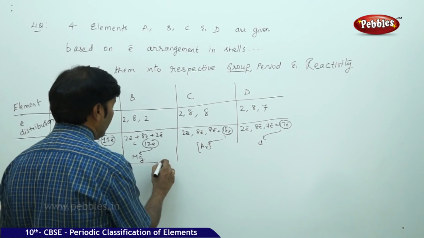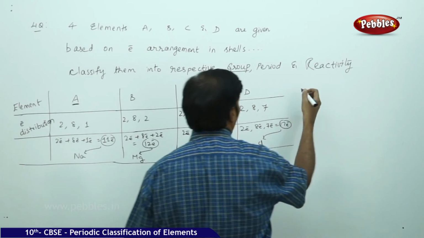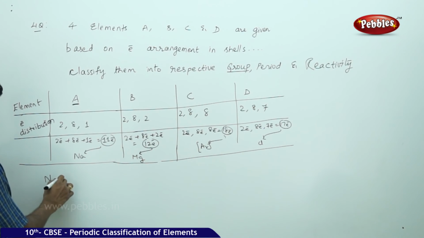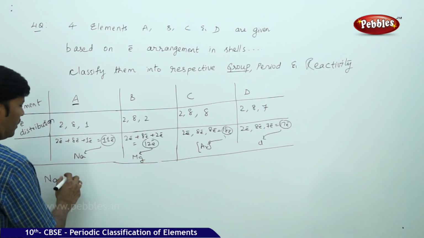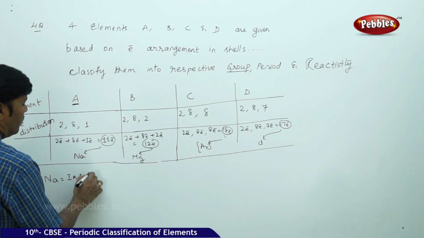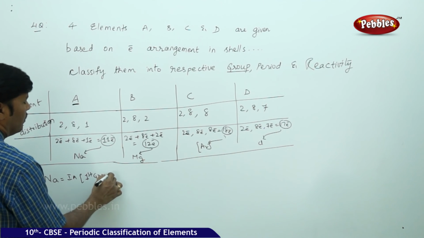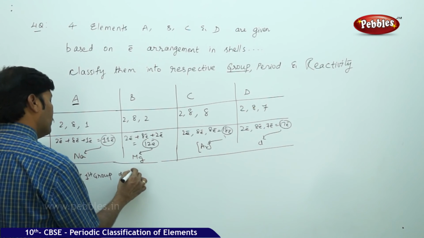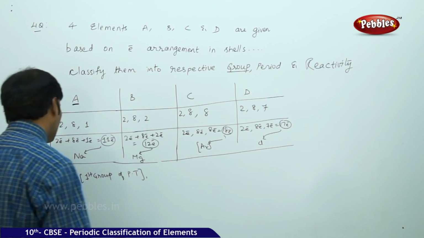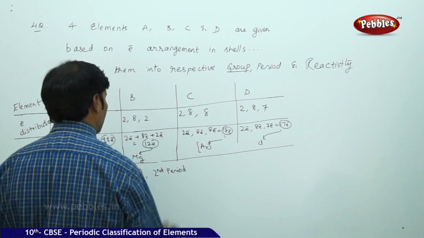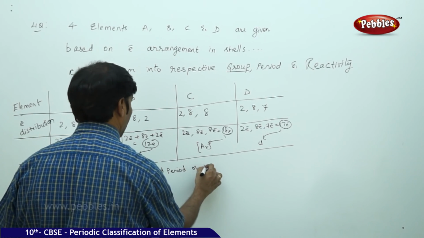So here, based on this, we can identify that sodium belongs to the first group. Sodium belongs to 1A group, that is first group of periodic table, and it belongs to second period of periodic table.